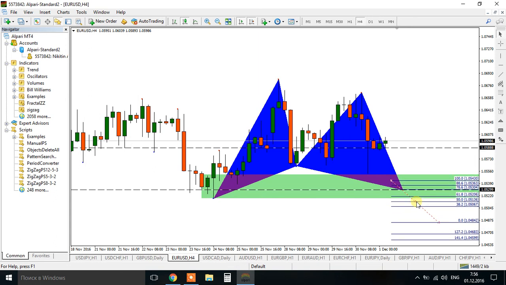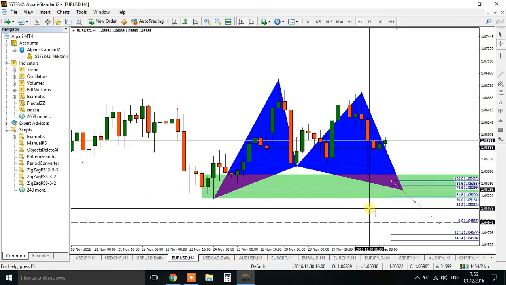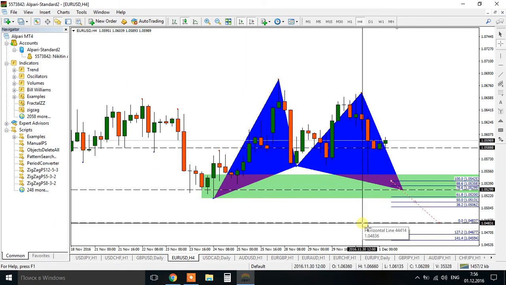I place 78.6 here to coincide with my entry, and 0 will be my stop loss. So this is called 78.6. It will be around 45 pips, I suppose, 45 to 49. 46 pips of risk to potentially generate 60 pips.